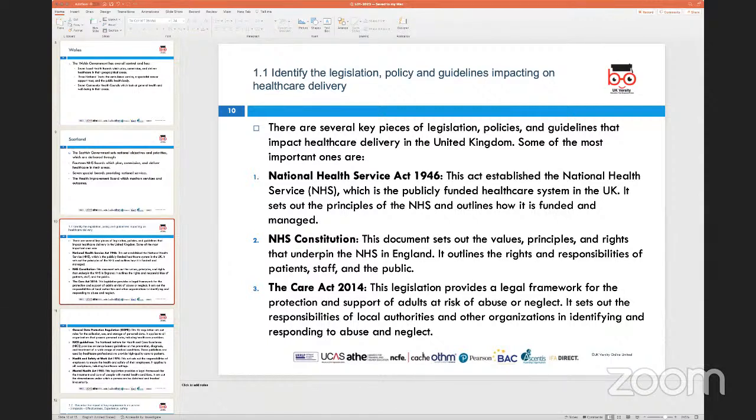That means if you are without a job, without a house, you don't have good education, and you don't have access to health and social care services, then it destroys the state. That means it destroys the country. So the government adopted this strategy, and obviously the UK became a welfare state.